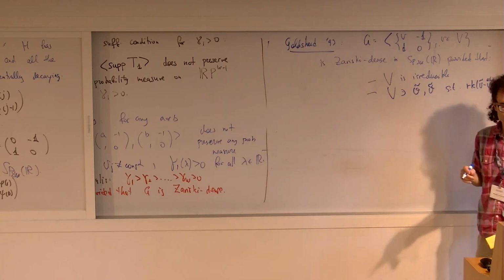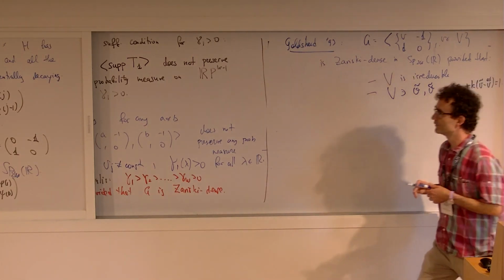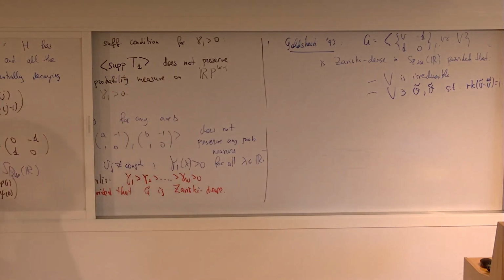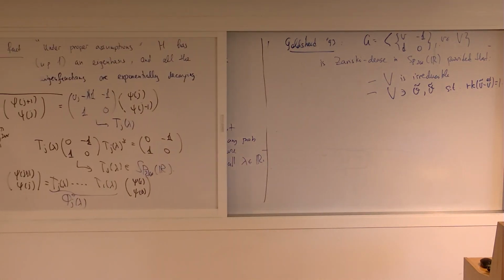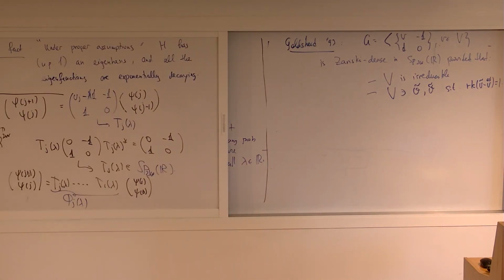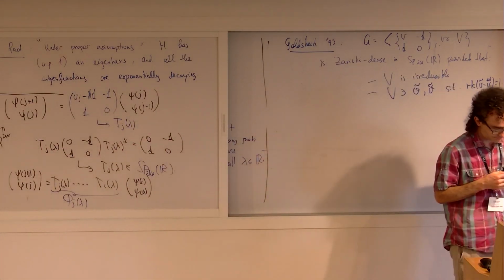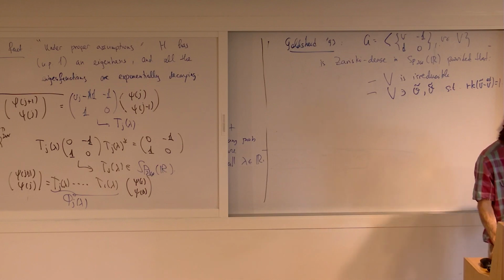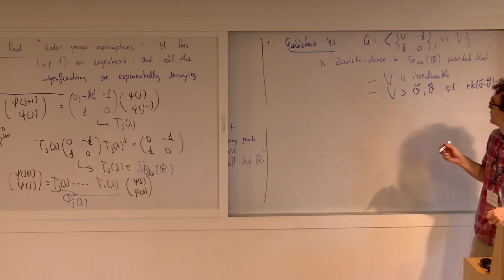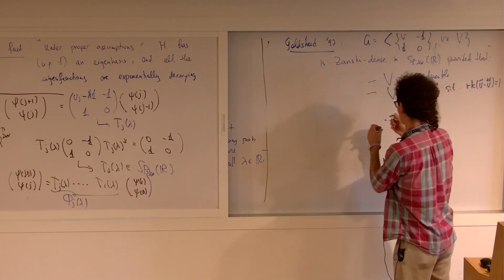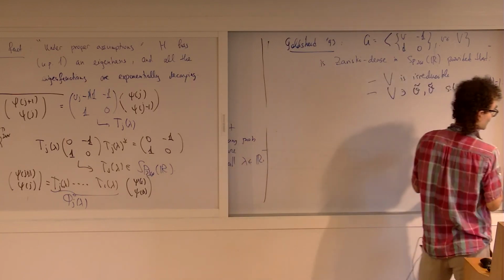In simple words, if you have irreducibility and this matrix has one random element on the diagonal somewhere, then you are fine. The Lyapunov exponents are all distinct from one another and are positive. Okay, so let me call this condition plus.